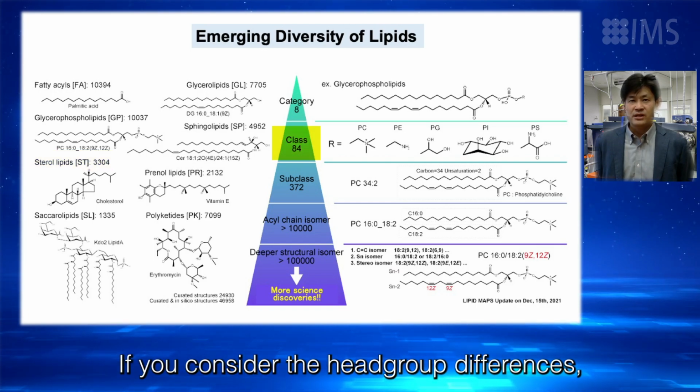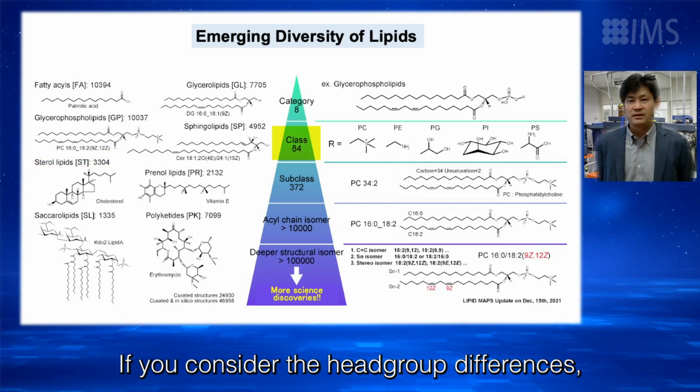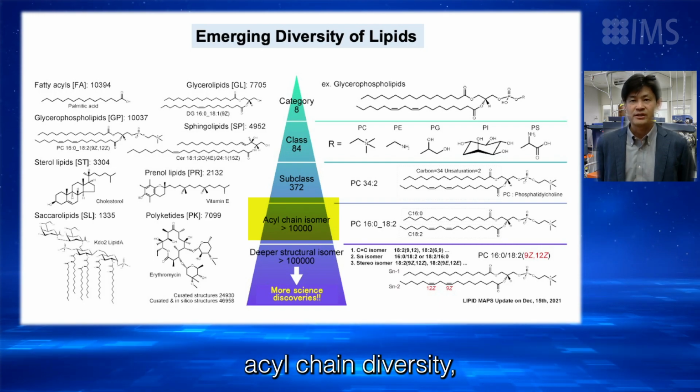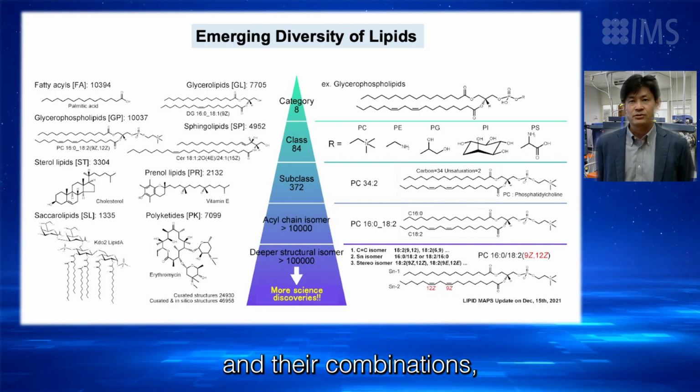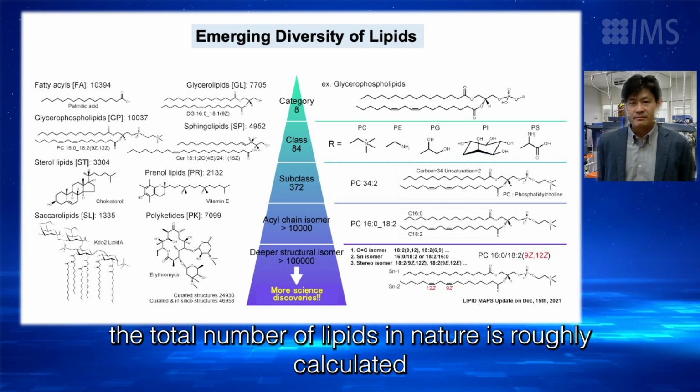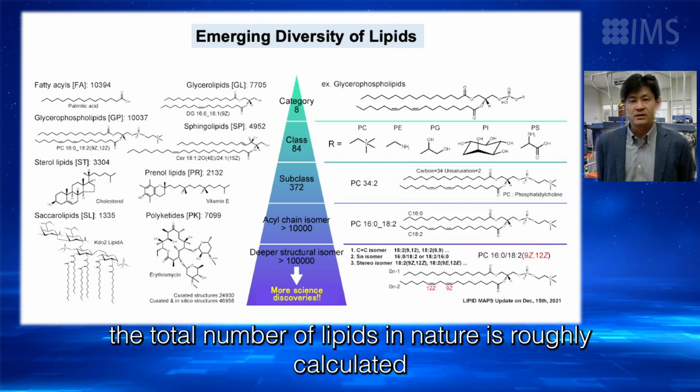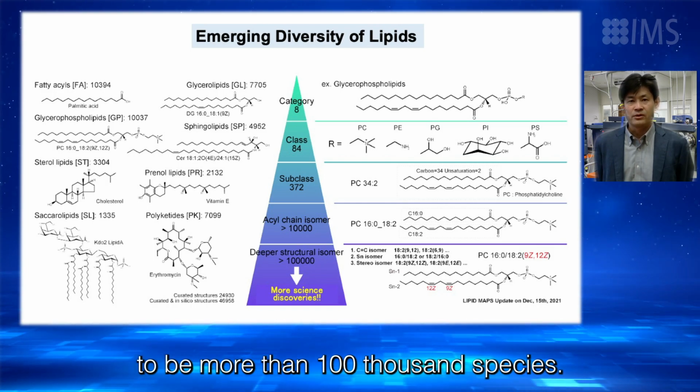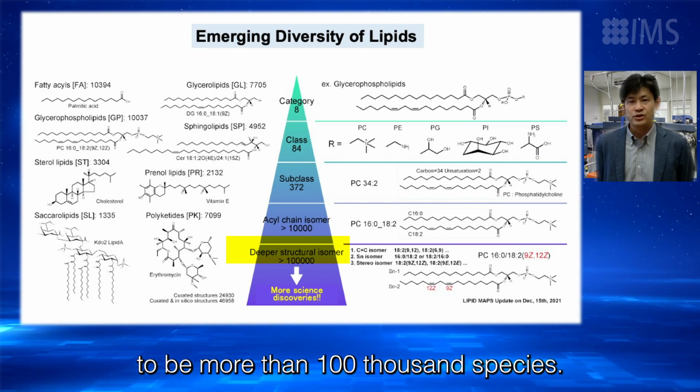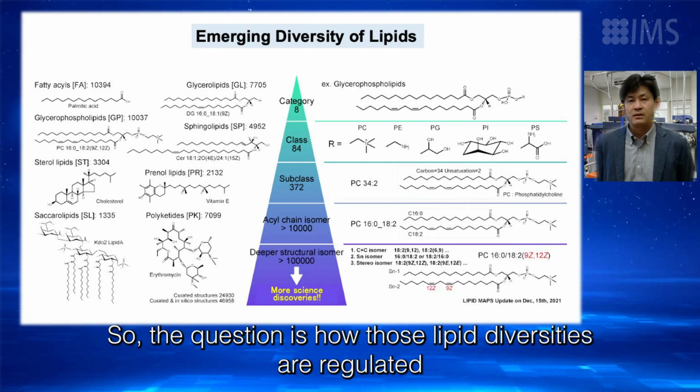And if you consider the head group difference and also acyl chain diversity and their combinations, the total number of lipid species is roughly calculated to be more than 100,000 present in nature.